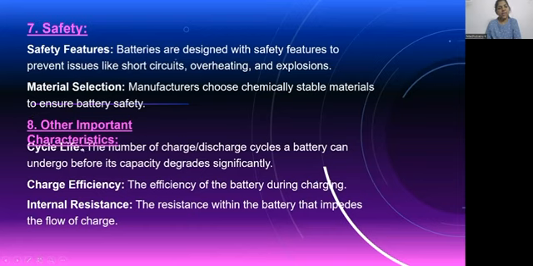Other important characteristics are as follows: cycle life, charge efficiency, and internal resistance. Cycle life is the number of charge-discharge cycles a battery can undergo before its capacity degrades significantly. Charge efficiency is the efficiency of the battery during charging, and internal resistance is the resistance within the battery that impedes the flow of charge.